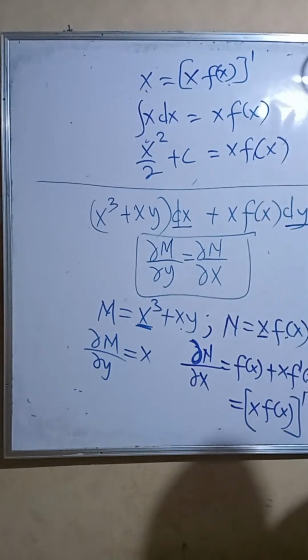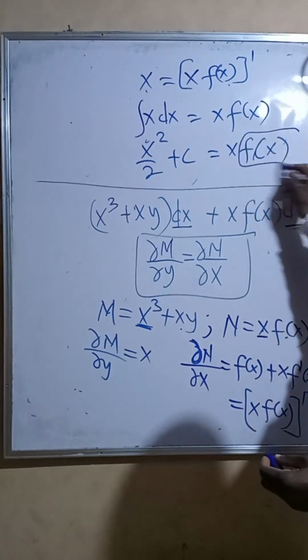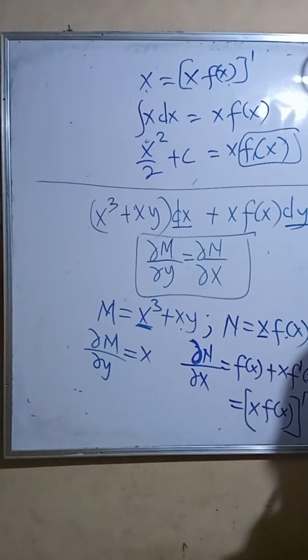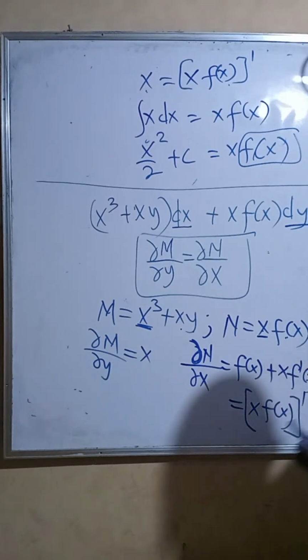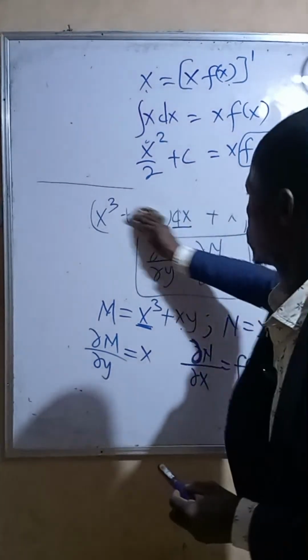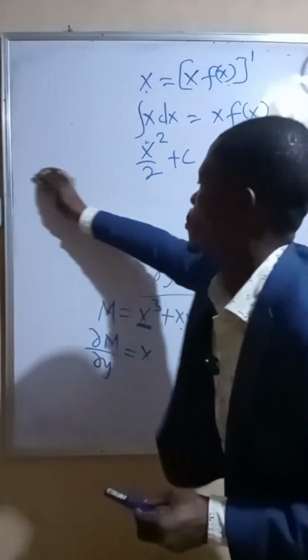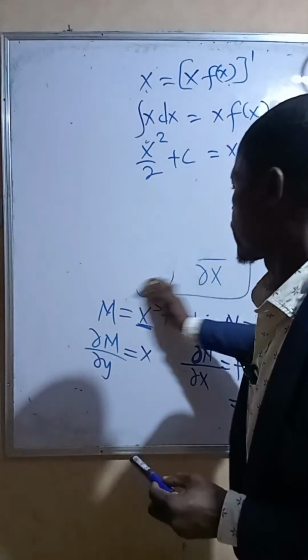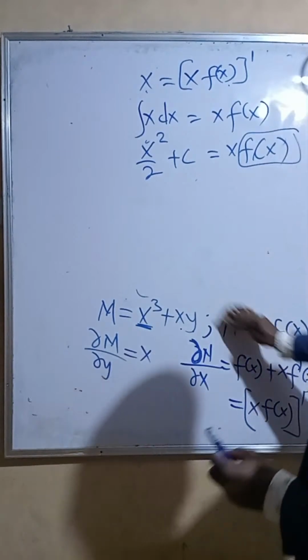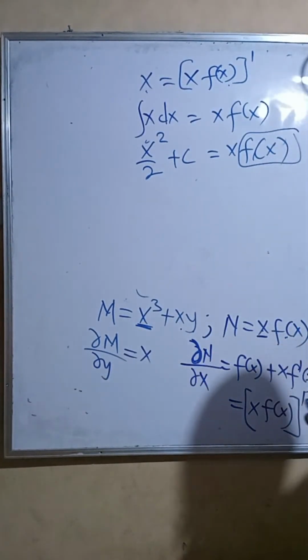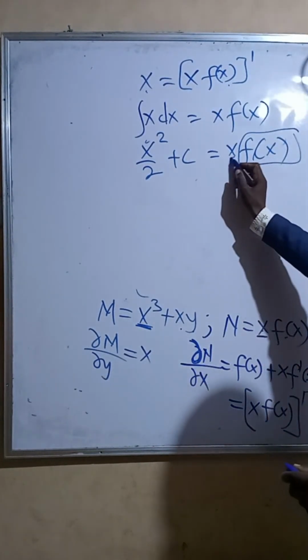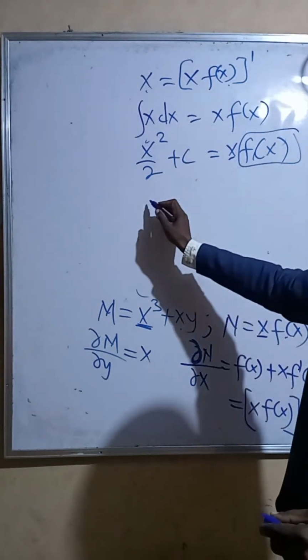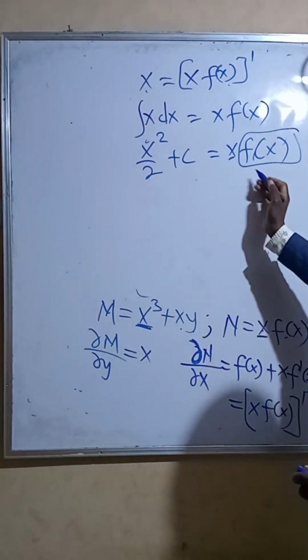So what we're going to do now is to make this one the subject of the equation. That's what we are looking for. Remove this function from here by dividing both sides by x.